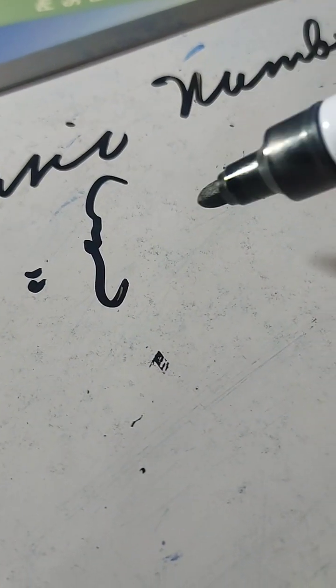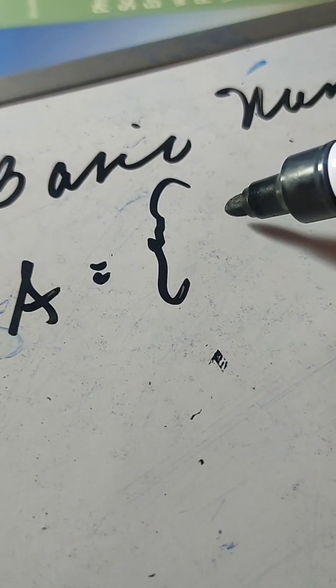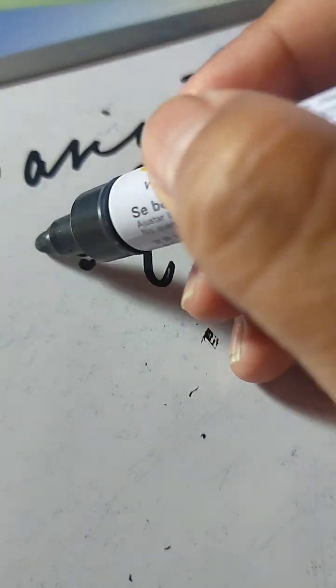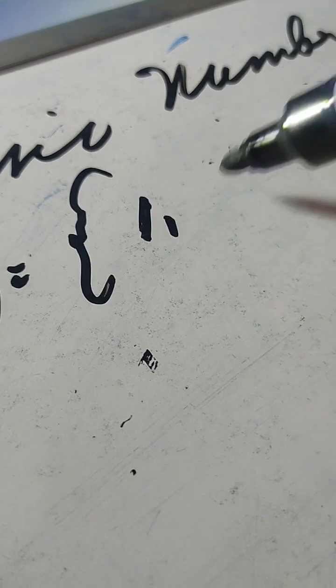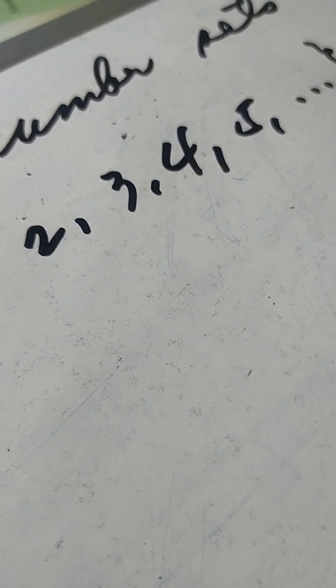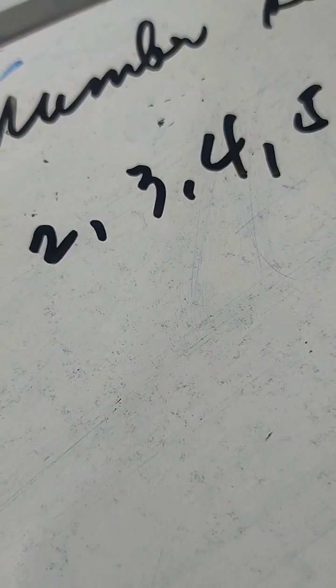Let's change set A into set N. Set N has 1, 2, 3, 4, 5, and the ellipsis, which tells us that there are more numerical figures that follow after 5.